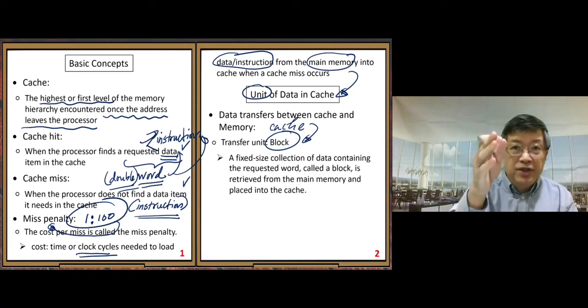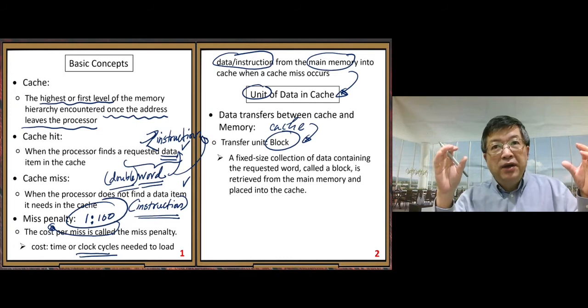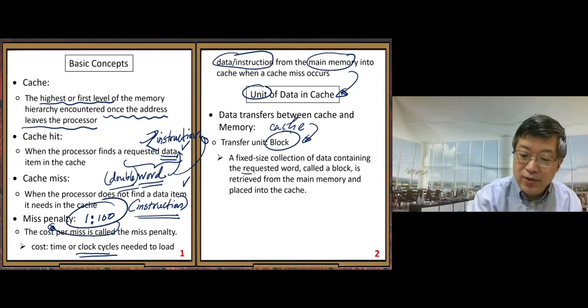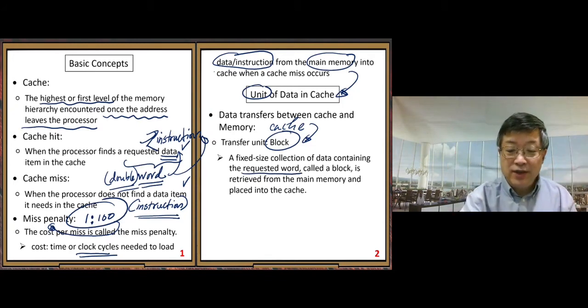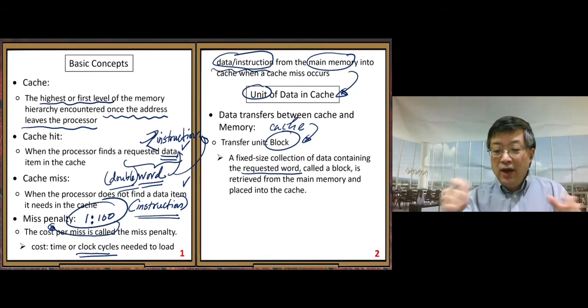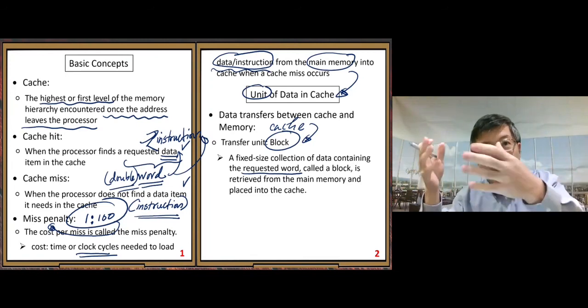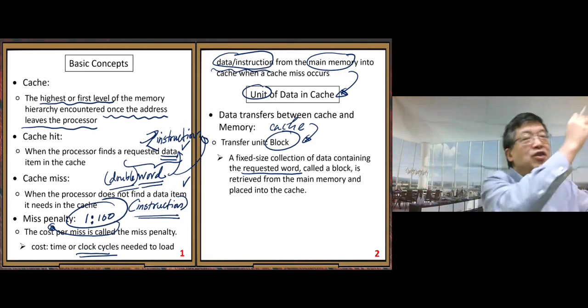A block is a fixed size collection of data containing the requested word. See here, we use requested word, which is more general, covering both cases. A block is retrieved from the main memory and placed into the cache.